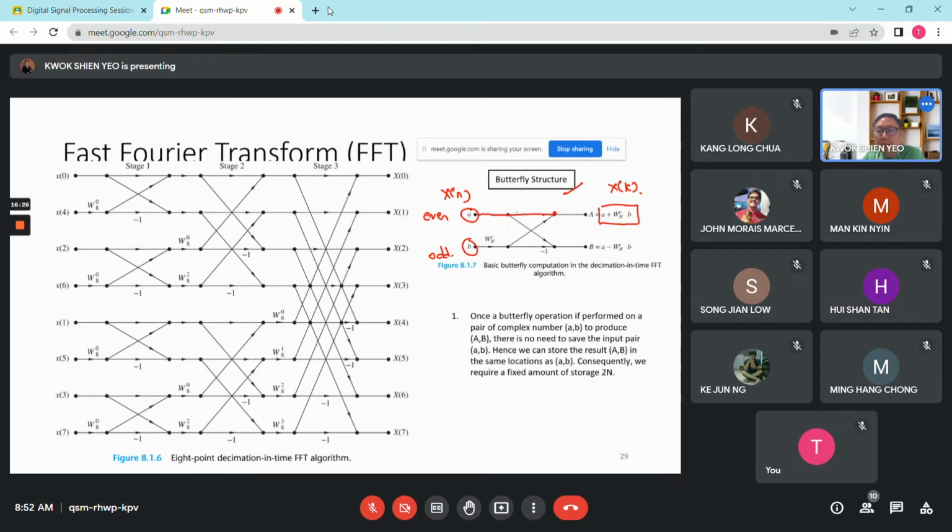This is the a, and then you have another line passing by this factor wn power of k, because it is the odd entry, so you have to multiply it. Then after that, it merges here, so it will be added together, and you get this value capital A as your xk.